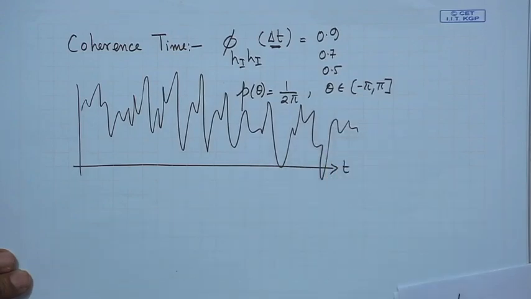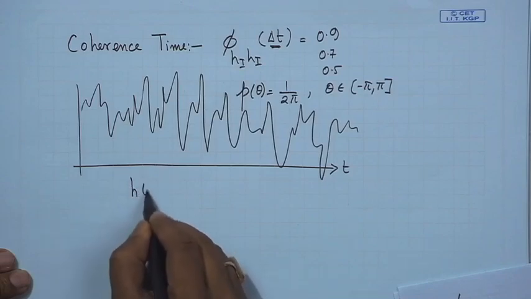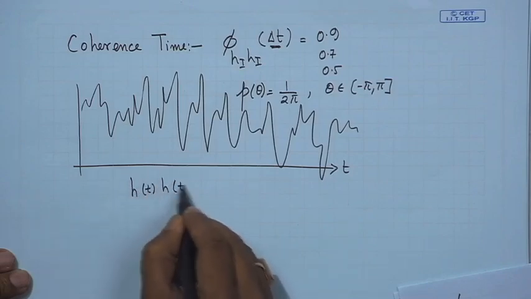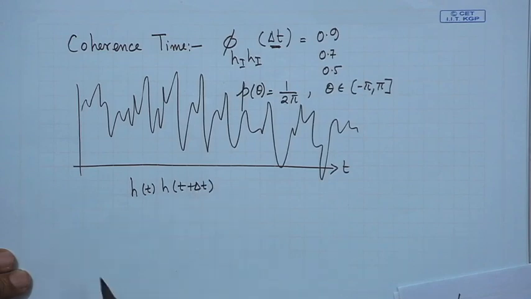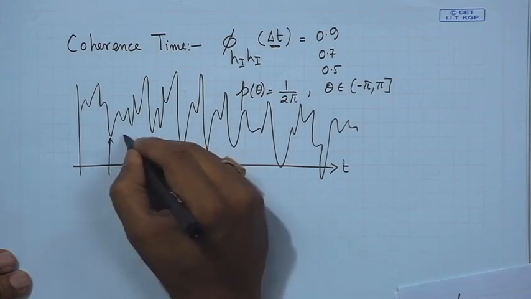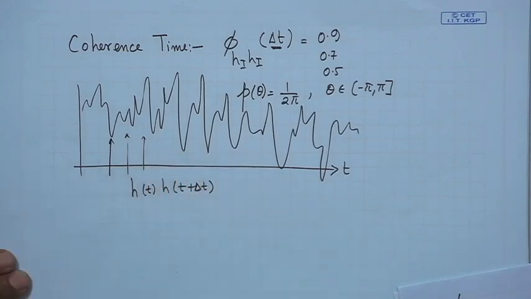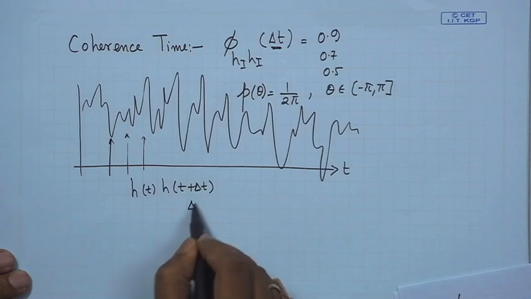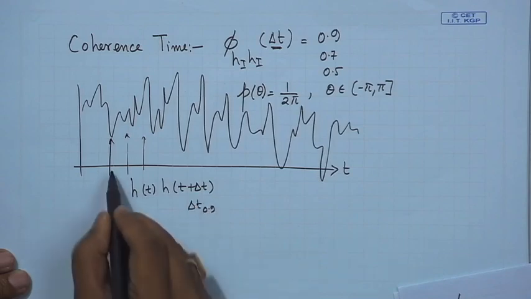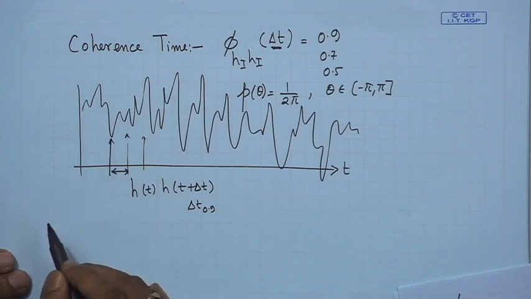That is what we have seen, and we have been trying to get h of t and h of t plus delta t. This is what we have been trying to capture. So, we are taking a reading at this point, and we are taking a reading at some increased delta t, and so on, and we have arrived at this particular expression. So, when we say delta t 0.9, that means we are talking about a separation in time over which the signals are 90% correlated.